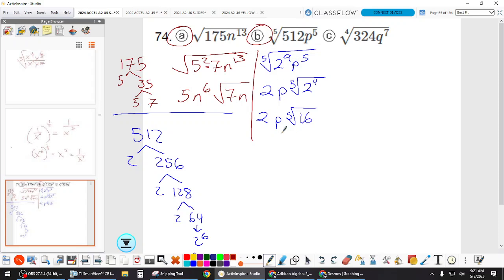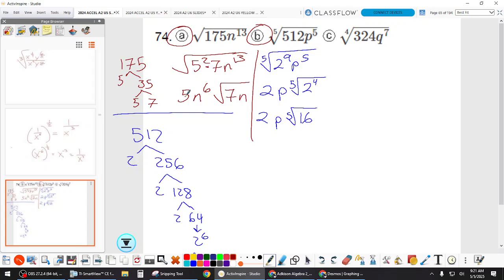But on the even roots, if we end up with something on the outside that is an odd power, we need to put an absolute value on that. Okay, so like this is 5 to the 1st.